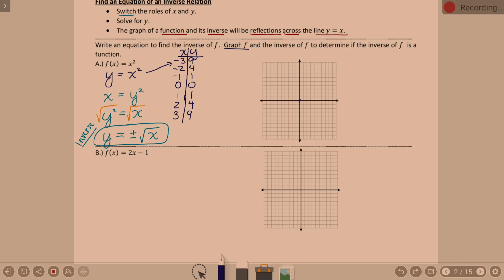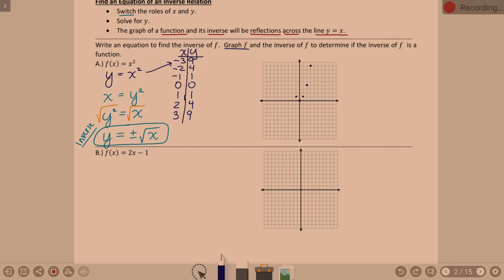0, 0. Over 1, up 1. Over 2, up 4. And we don't usually necessarily do over 3, up 9, but I threw it in today. Okay? The left looks like the right, yes?